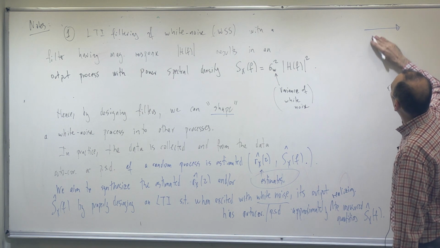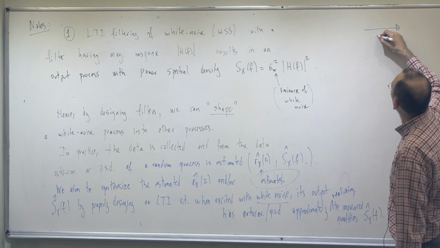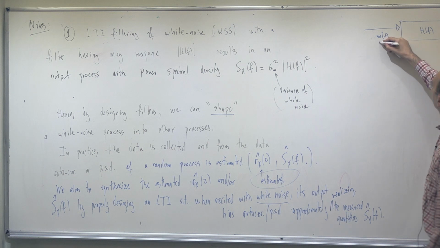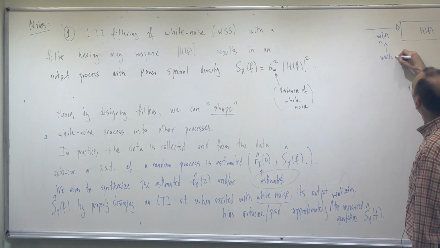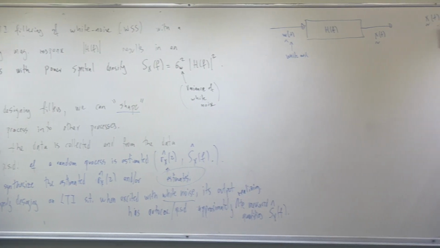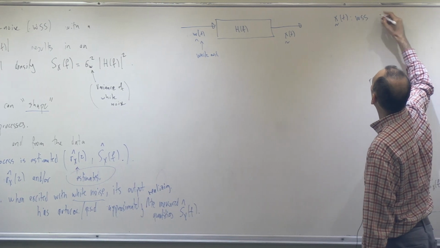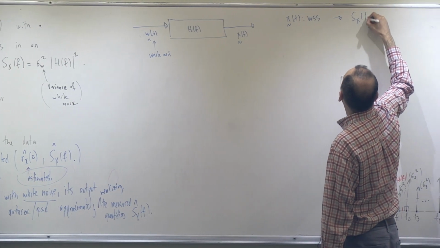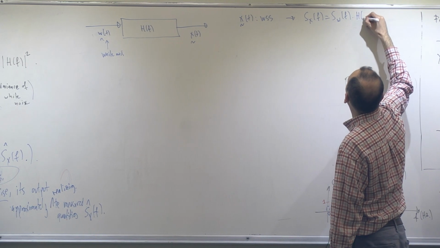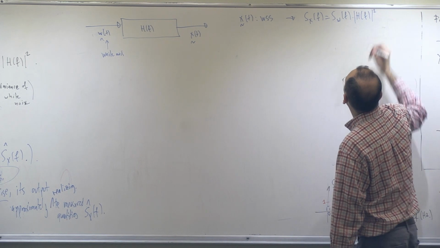Actually it says just the following. If I have white noise over here, W of t, I design my filter, H of f. Now this is x of t. This input is white noise, and this output is stationary, and I know that S x of f is S w of f times this H of f magnitude square.